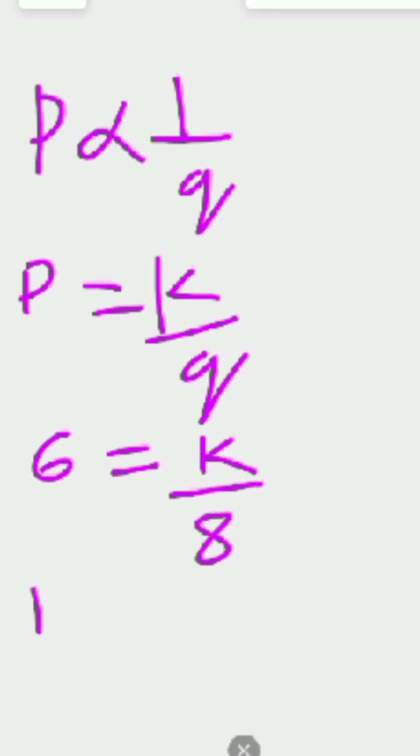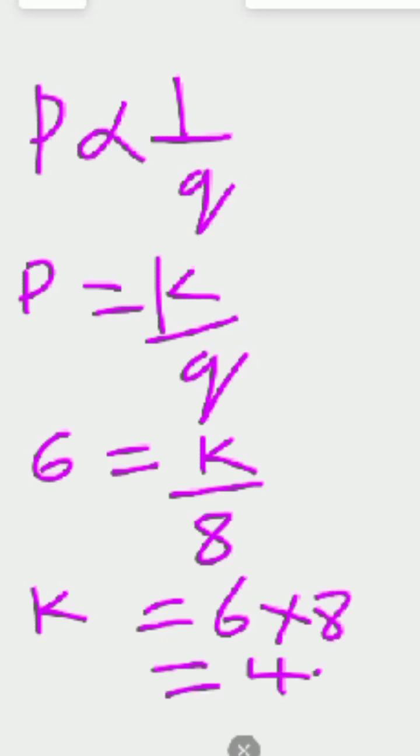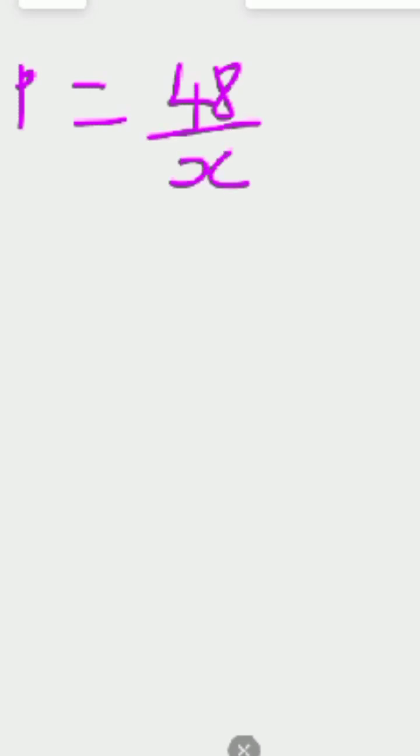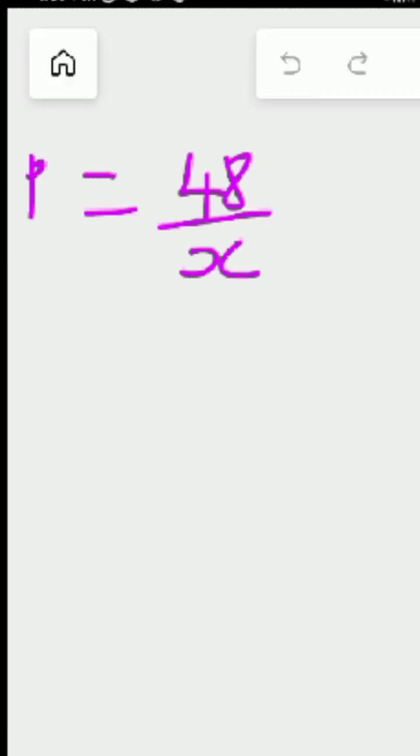Then to find our k, which is the constant, we write k is equal to 6 times 8, which is 48. So the relationship, taking k as 48, is p is equal to 48 over q. Remember, 48 is our k. That is the relationship.